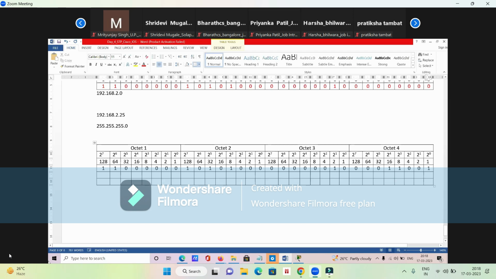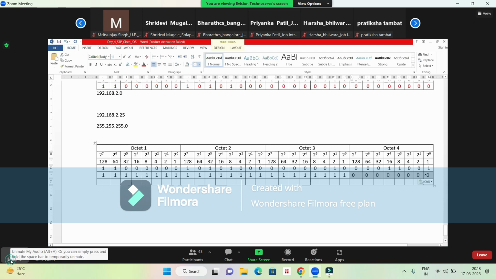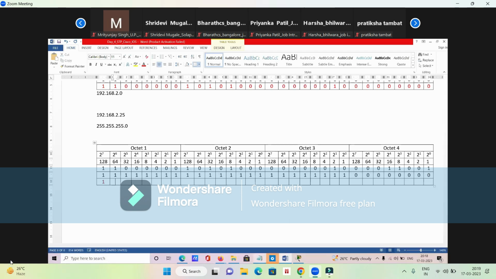For 255, all bits are 1, and for the last octet all bits are 0. Now we perform the AND operation.